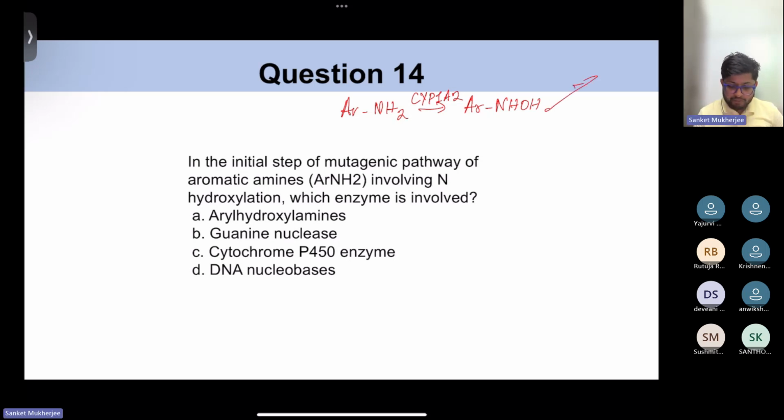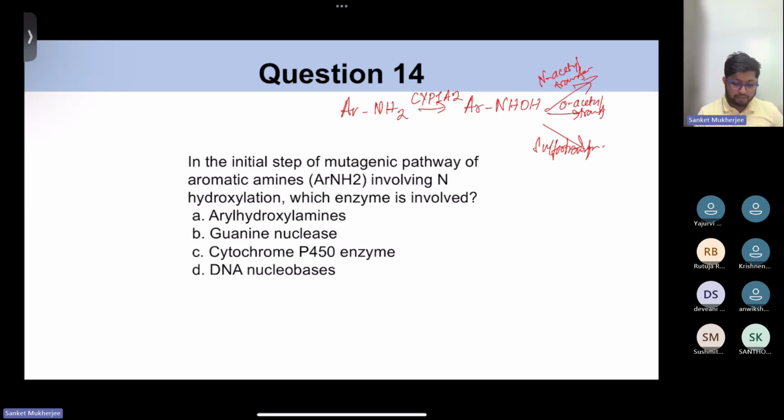After this, there could be three fates. It could be N-acetyl transferase, one enzyme, or O-acetyl transferase, or sulfotransferase. They can lead to N-acetylated aromatic hydrocarbon, or O-acetylated aromatic hydrocarbon, or sulfonated hydrocarbons.